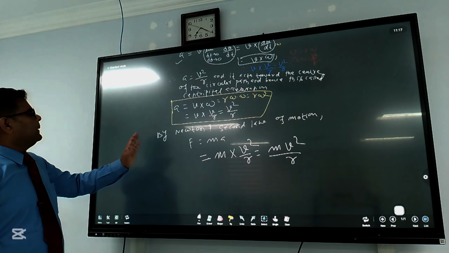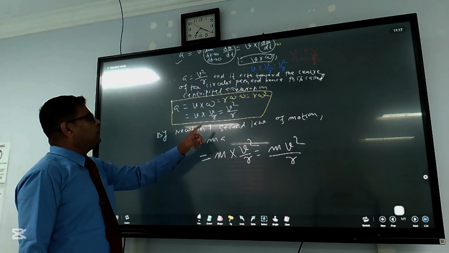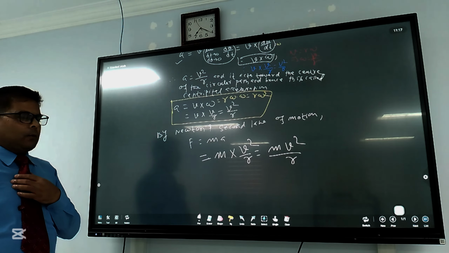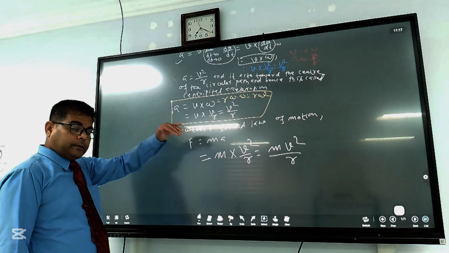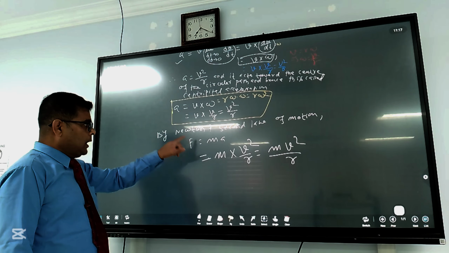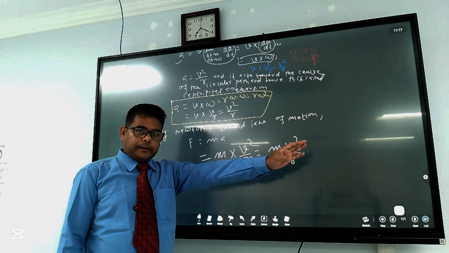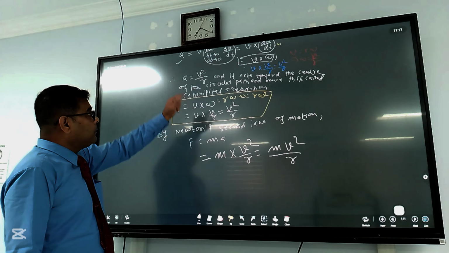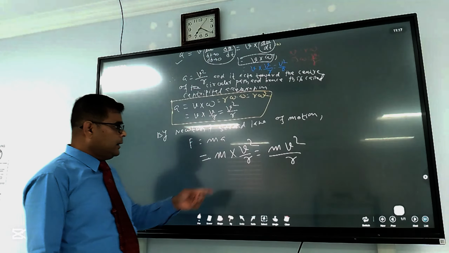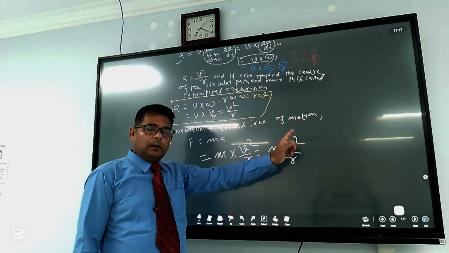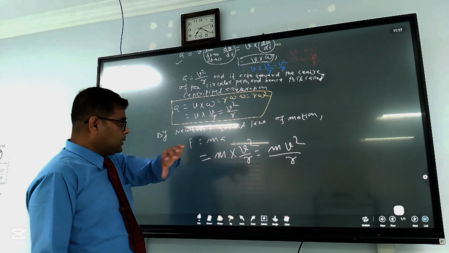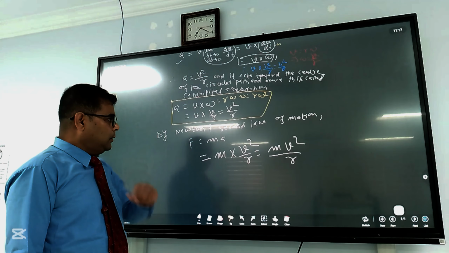So the formula to find the centripetal force is mv squared by r. Why is it centripetal force? Because it acts towards the center, in the direction of the acceleration, which is towards the center. That's why the force applied on the object is called the centripetal force.